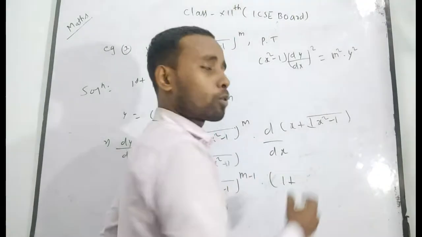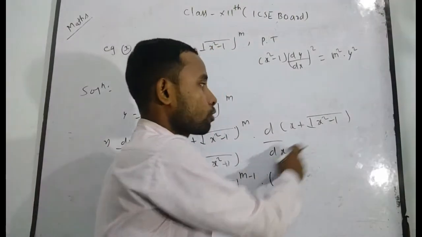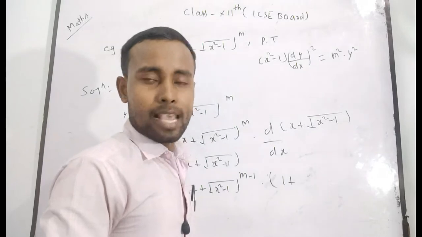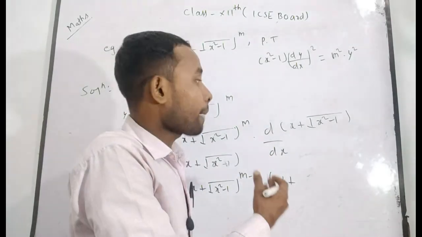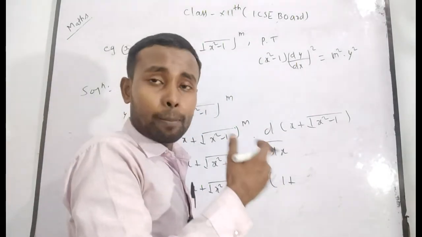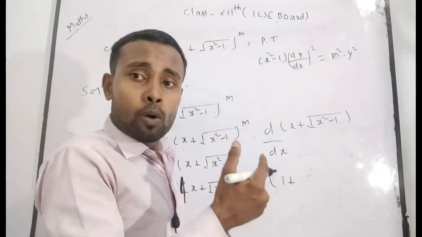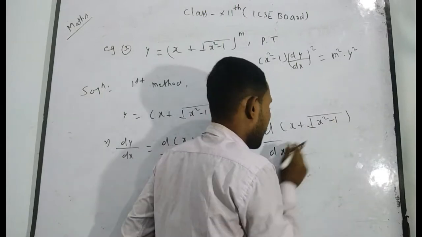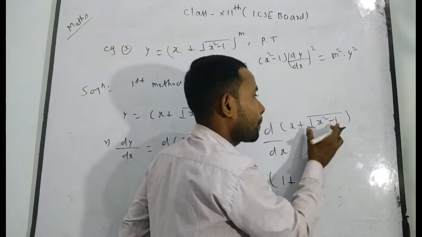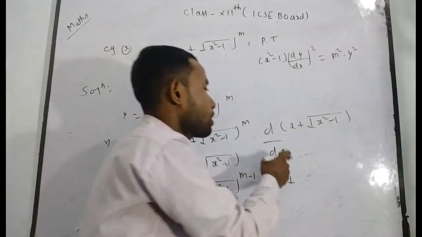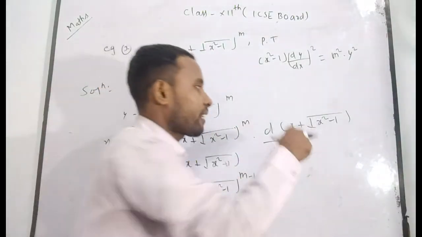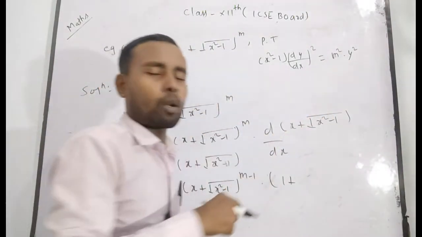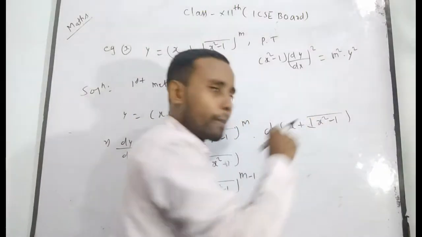What is the derivative of root under x square minus 1 with respect to x? You cannot differentiate directly with respect to x. As I have already told you, sometimes you have to do oral, that means mental, work. If you want to find the derivative of root under x square minus 1 with respect to x, then first of all you find the derivative of root under x square minus 1 with respect to x square minus 1.